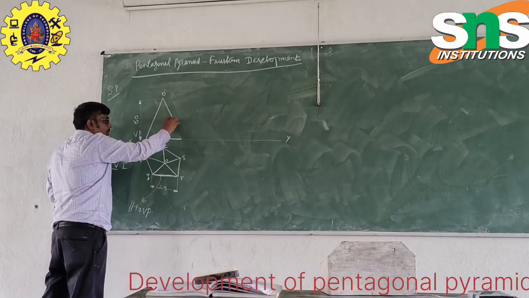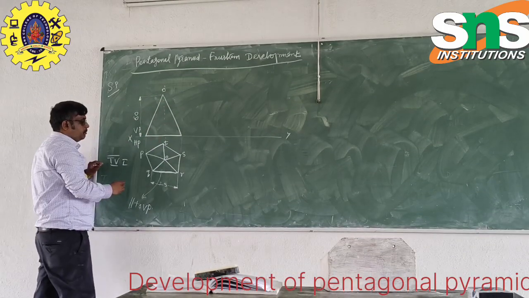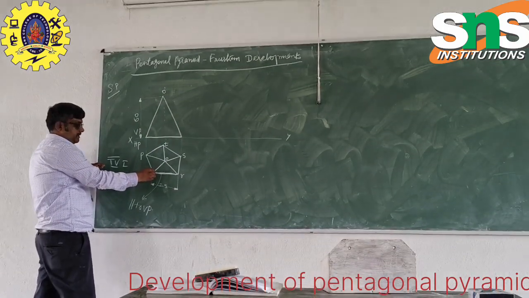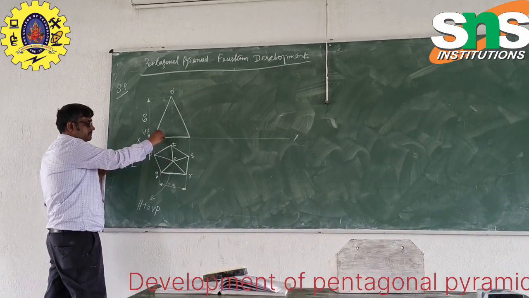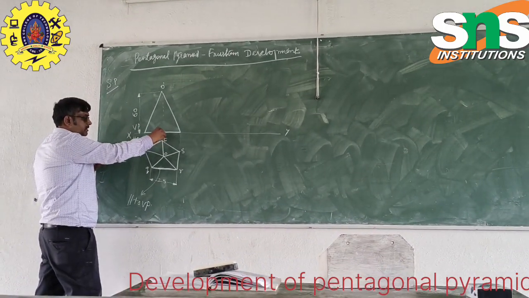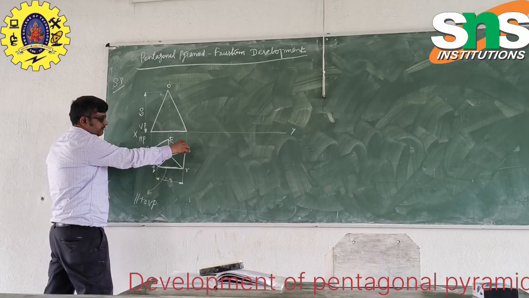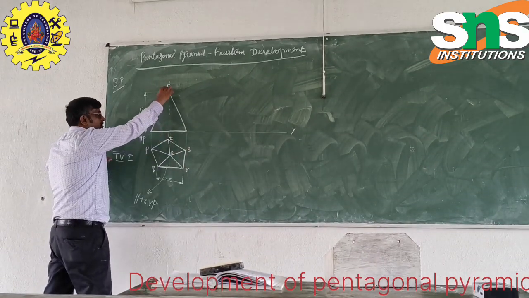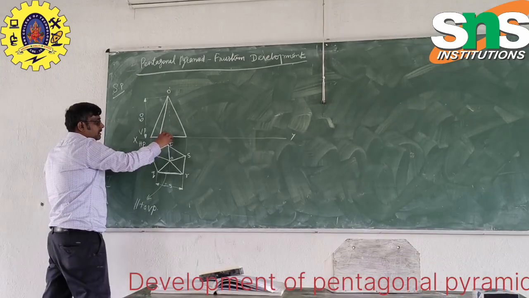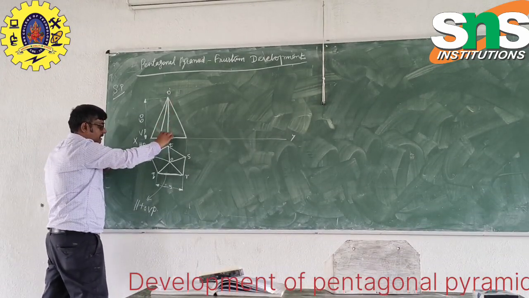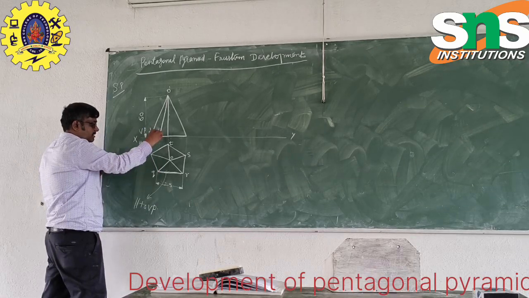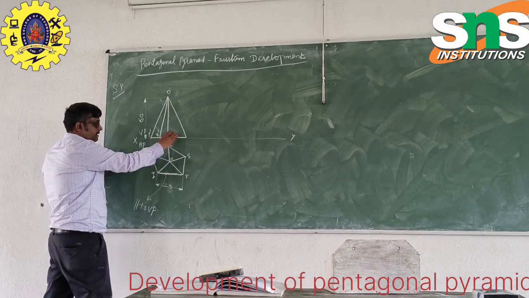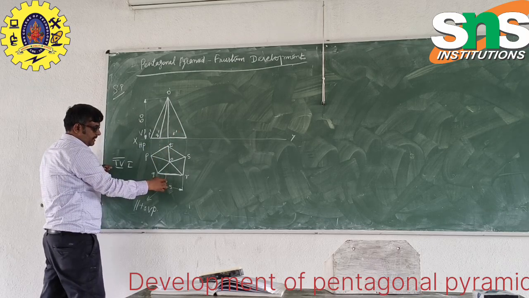This is the pyramid. So this edge will come here, and this also here, and this is a straight line. This also will join here, and this edge also will join here. Here this is P dash, this is Q dash, and this is, at the backside, T dash.